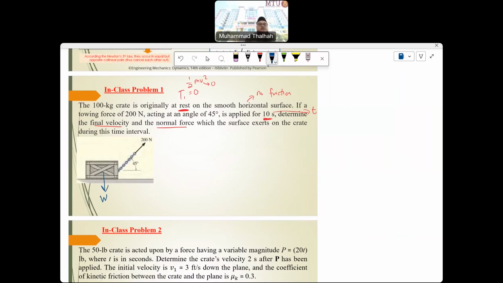What else? Normal. You guys are picking it up. Very good. Then the final one is P, which is 200 newtons. So this is your complete free body diagram. Step 1. Cool. You get 2 marks for this in your exam.